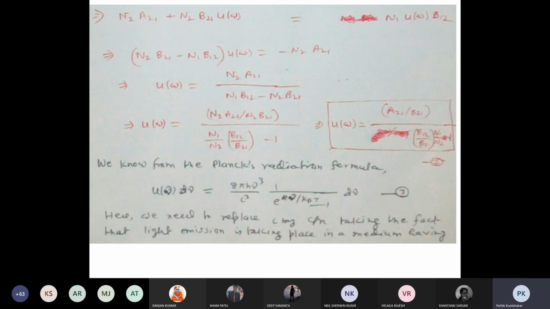That should be compatible with the earlier one; otherwise, people will not believe. So that's the law. So equation 2, which gives the expression of the energy density of the radiation, must be compatible with Planck's radiation formula, because Planck's radiation formula was already verified by experiment before Einstein's work.